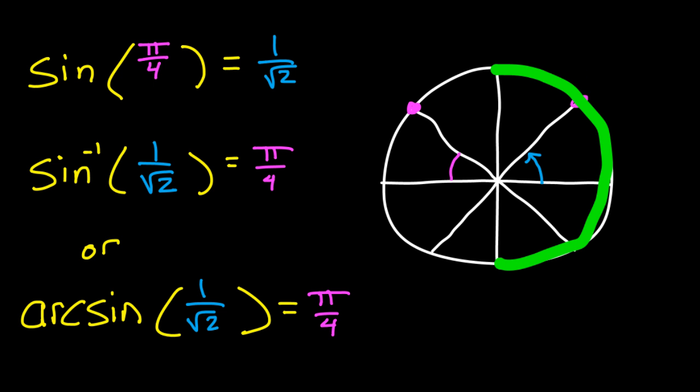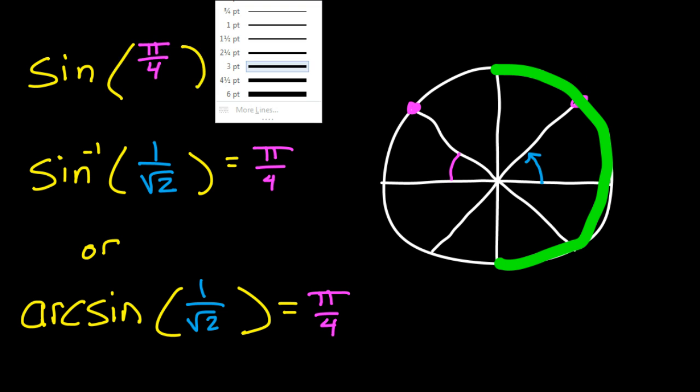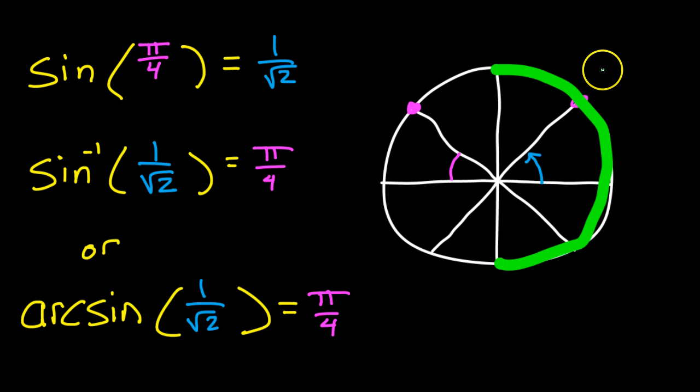Now when you think about it, that allows us to capture the positive values and the negative values. So inverse sine is only defined between pi over 2 and negative pi over 2. Nothing else. For that reason, the answer to this question is only pi over 4 and not 3 pi over 4.